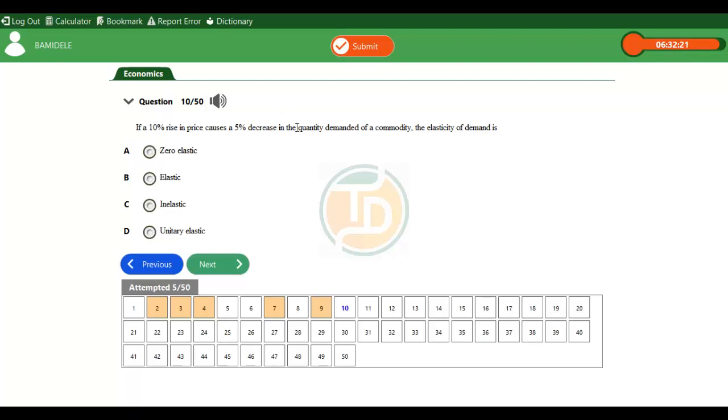The question we have before us relates to price elasticity of demand under theory of demand.